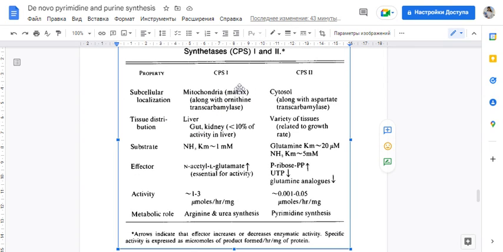Here's a summary table for carbamoyl phosphate synthetase 1 and 2. CPS 1 is used in the mitochondria, in the liver mainly but in the kidneys as well, and the nitrogen substrate is NH4. CPS 2 is de novo synthesis. It occurs in the cytosol in a variety of tissues, and the source of nitrogen is glutamine.